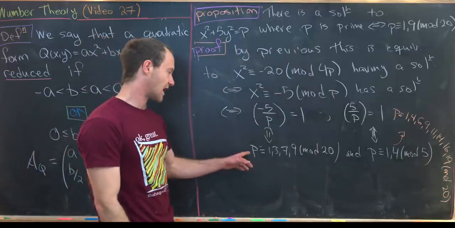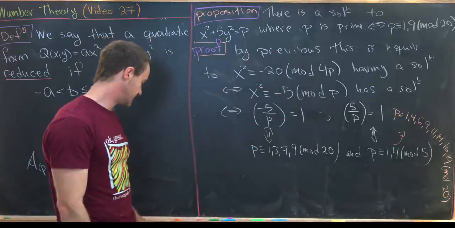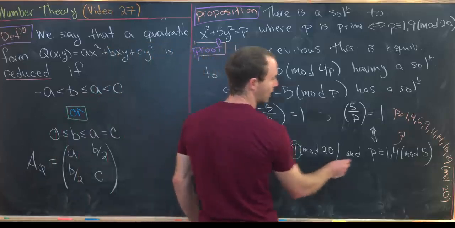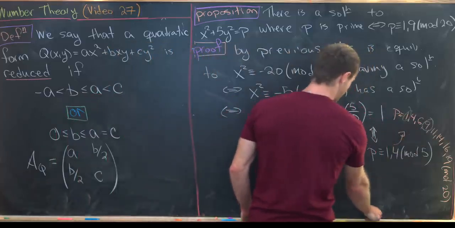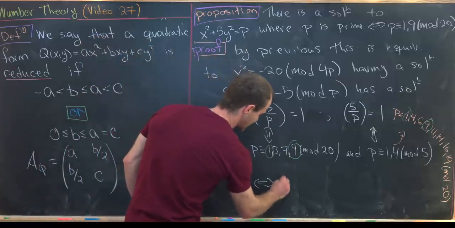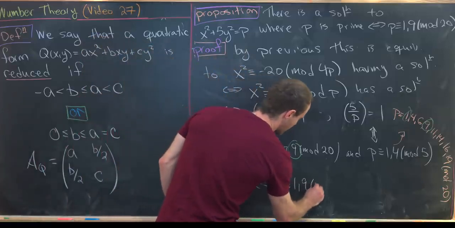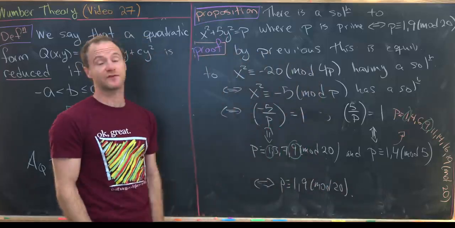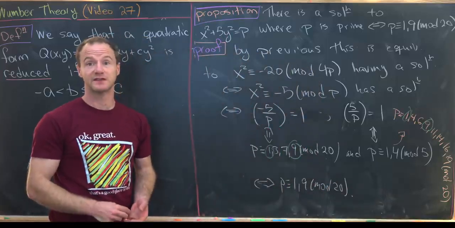But recall that our prime has to satisfy both of these congruences. But that means that it's either 1 or 9 because those are the ones that are in each of these lists. So that tells us that we have p is congruent to 1 or 9 mod 20. So that finishes off the proof of this proposition. And that's a good place to stop.